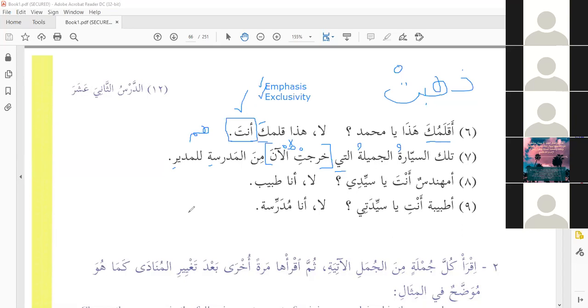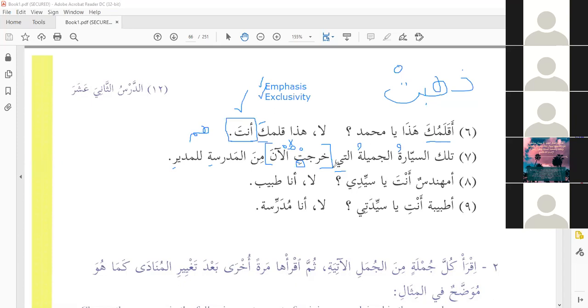Consonant clusters are no good. So the rule is, if we have a consonant cluster, then the first letter in that cluster will take on a kasra due to phonetic reasons, nothing to do with grammar, in order to break up that consonant cluster.